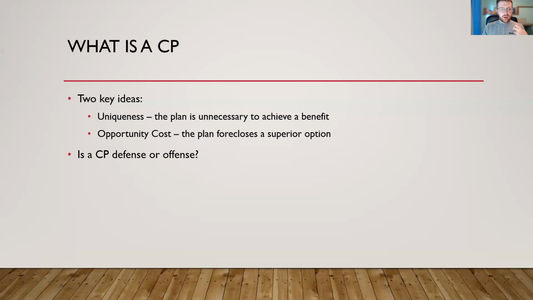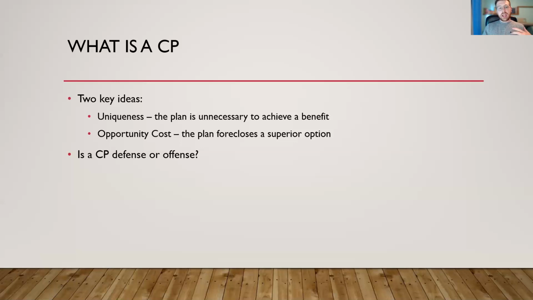So the version of a counterplan that says an advantage to the affirmative is not unique to the plan is defense because it's saying the plan is not necessary to achieve whatever benefit they've set out to gain. Whereas the opportunity cost version is offense. It's saying the plan has foregone something that would be better.